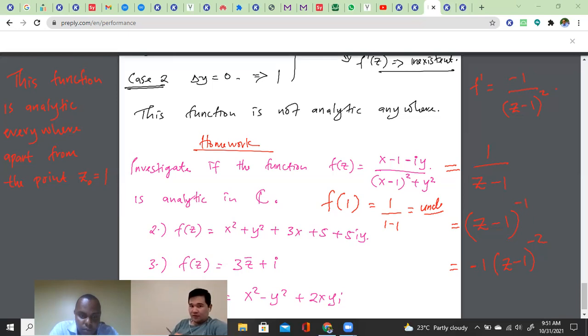You only use limits to find a derivative if you are using the first principle. We have many methods of getting derivatives, and it's only one of them that applies limits. The other ones don't.